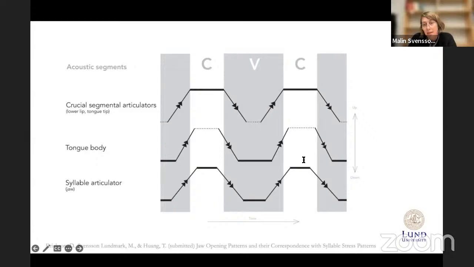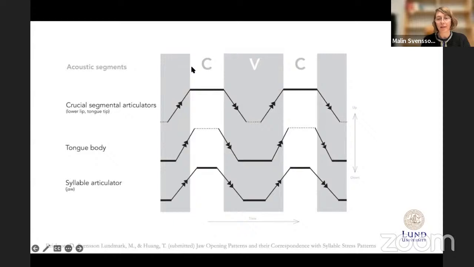And this figure is based on the results I've shown you today. So we have acoustic segments on the top. The vertical rectangles show the duration of a segment, and we see that the posture of the crucial segmental articulator aligns well with a consonant.